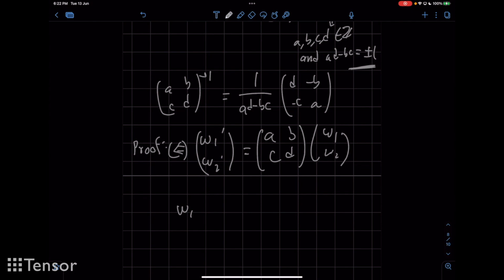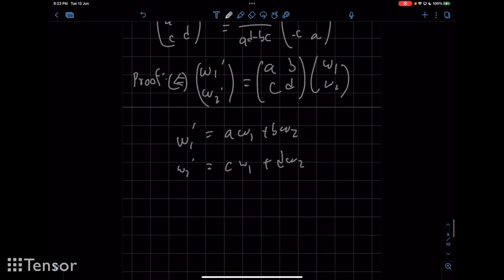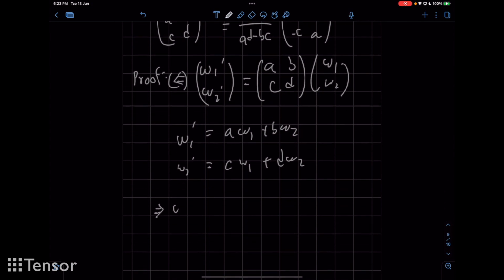omega 1 prime is equal to A omega 1 plus B omega 2, and omega 2 prime is equal to C omega 1 plus D omega 2. That means both omega 1 prime and omega 2 prime are in the lattice generated by omega 1 and omega 2.